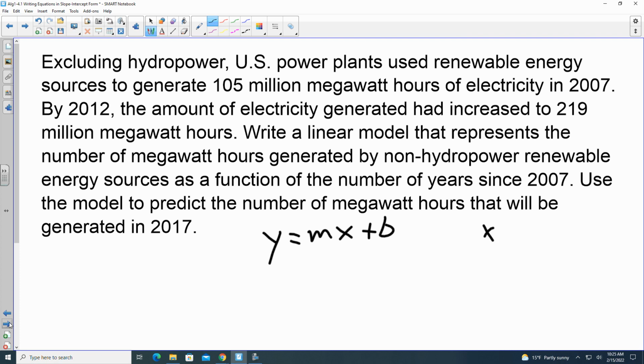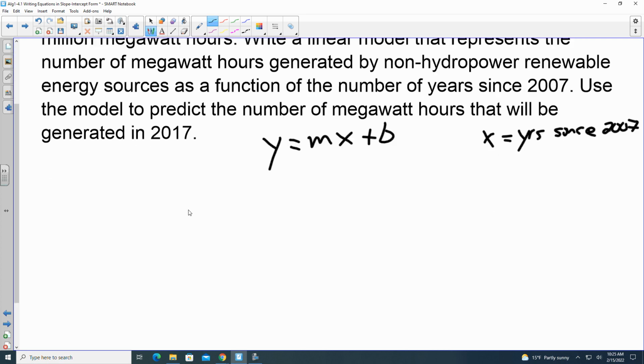So if I were to make a graph, right here where x is 0, this would be 2007. So if x is 1 it would be 2008, x is 2, 2009, so on and so forth.